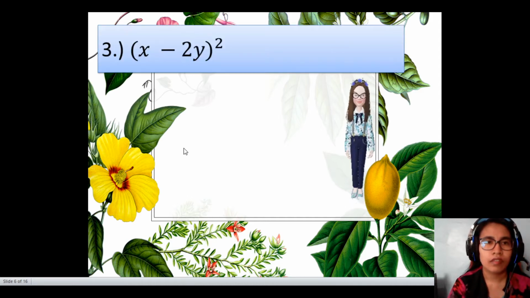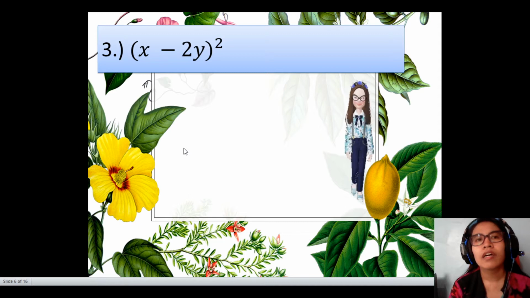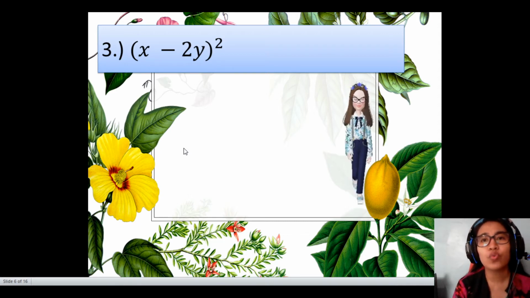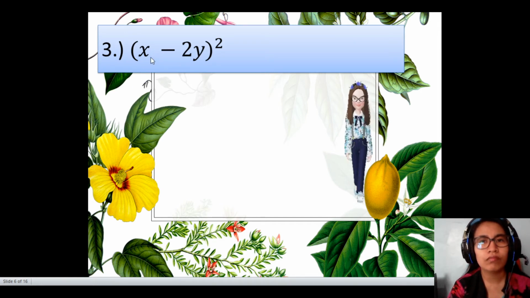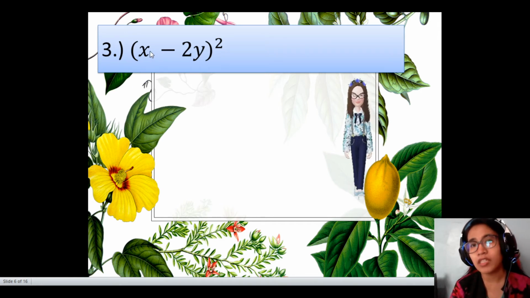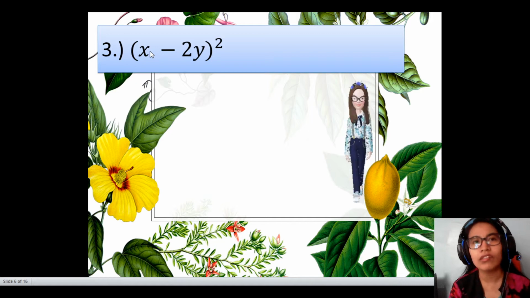Like this third example of us, we have quantity x minus 2y squared. So first again, you will square the first term. You can put it out in a parenthesis because it doesn't have any number. The number there is just 1, so it doesn't matter.